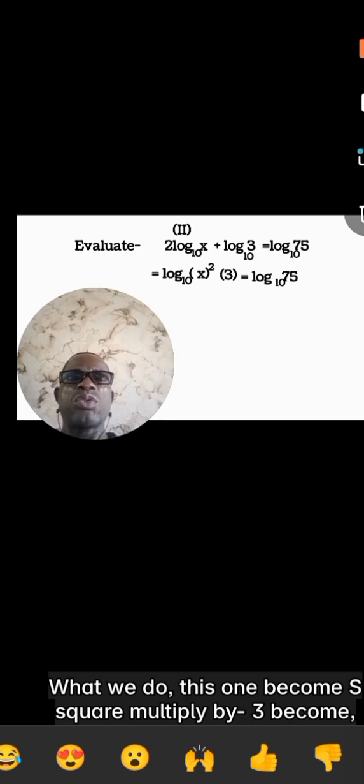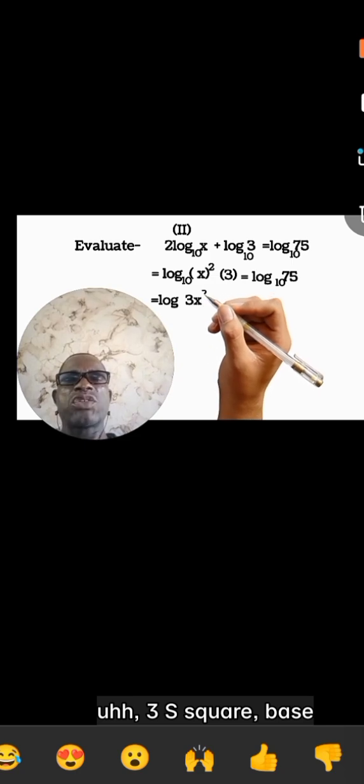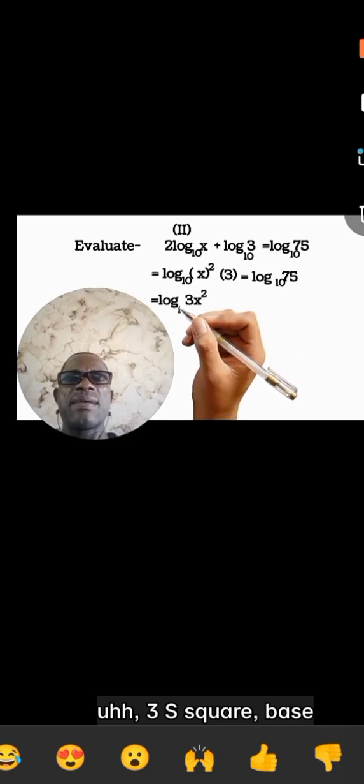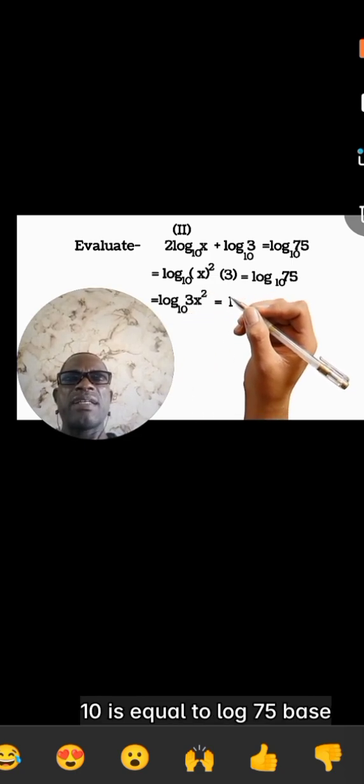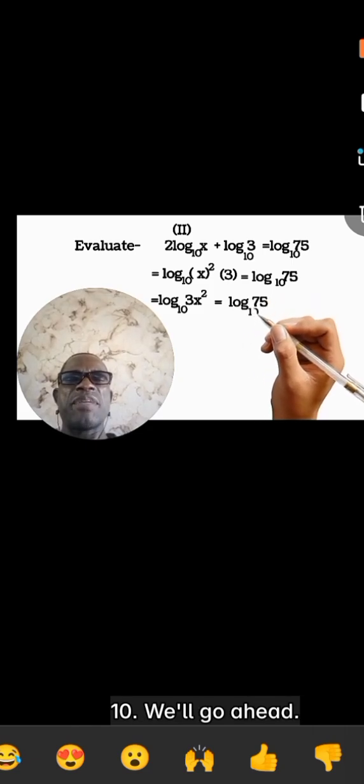What we do, this one becomes x squared multiplied by 3, which is 3x squared, base 10, is equal to log 75 base 10.